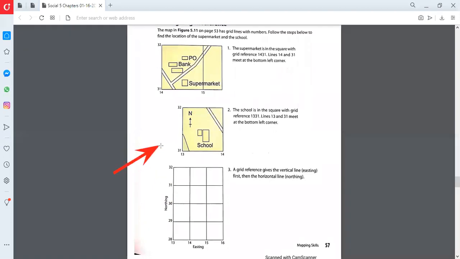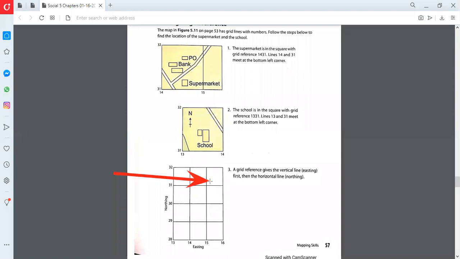The point to be noted is that you just have to place the lines and make some boxes.